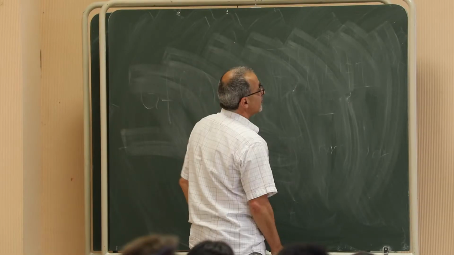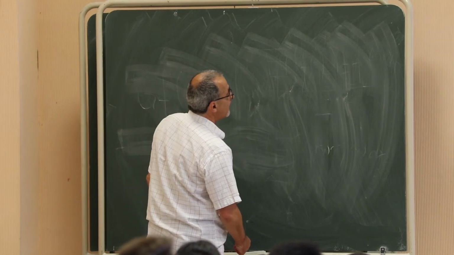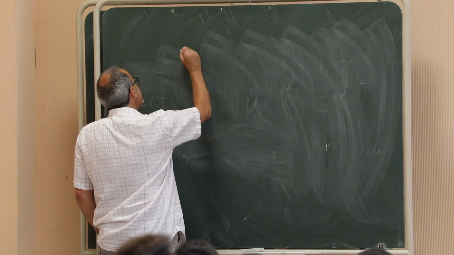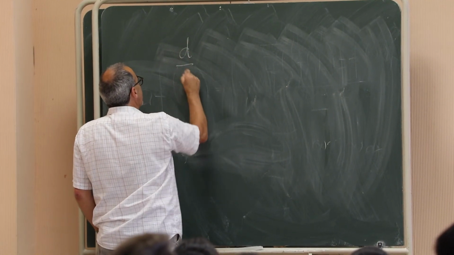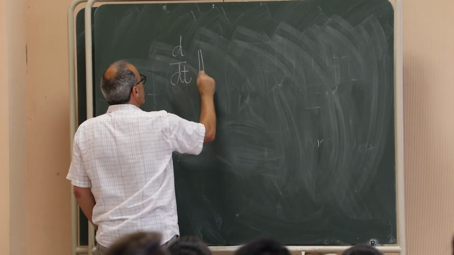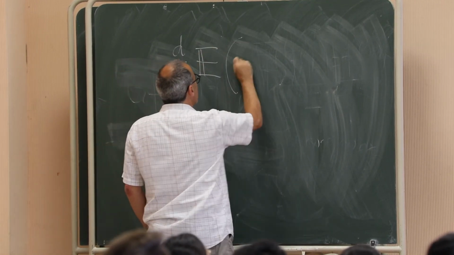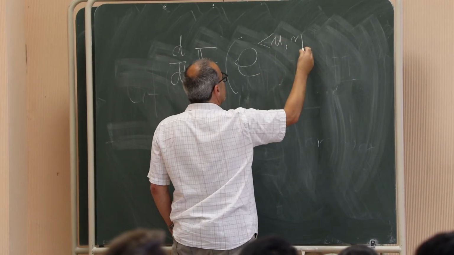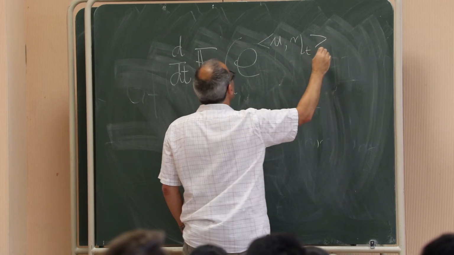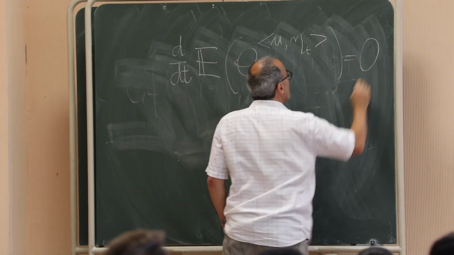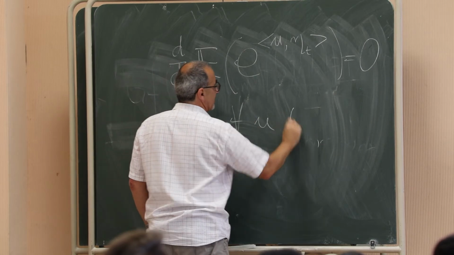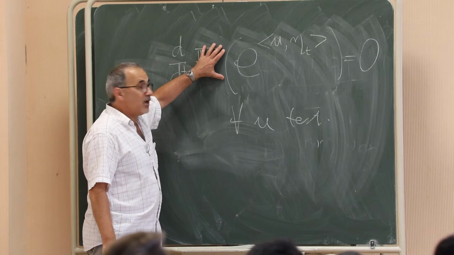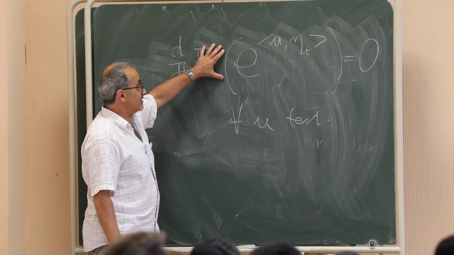I want to prove that d/dt of the expected value of e^{u·η_t} is 0 for all test functions u, with respect to some measure. If I prove that this is true with respect to some measure, what do I prove?